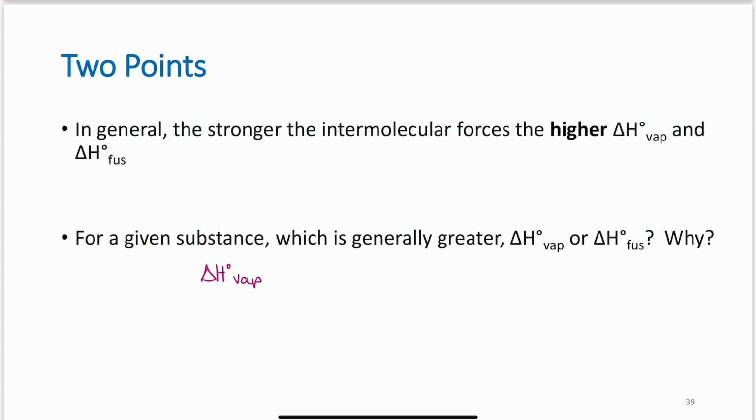You're going to a gas phase. With fusion, going from solid to liquid phase, we do have to overcome some of the IMFs, yes. Liquids have a fixed volume but no fixed shape because they can slide past each other, but they still have those IMFs present. Vaporization is when you're going from a liquid to gas phase.